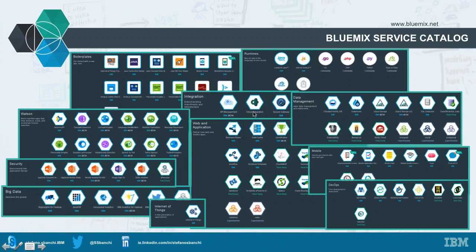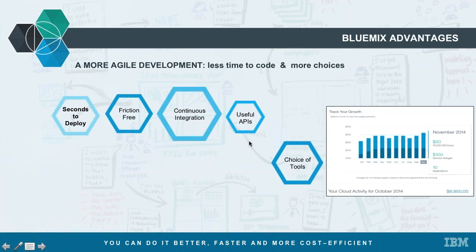For doing integration, hybrid cloud with your own premises, services for web application, data and management, that are the databases, services that could be useful for the mobile backend development, DevOps services for managing the continuous integration and continuous delivery of your project, then security, and Watson Cognitive. But anyway, I will show you directly on the console all the services.